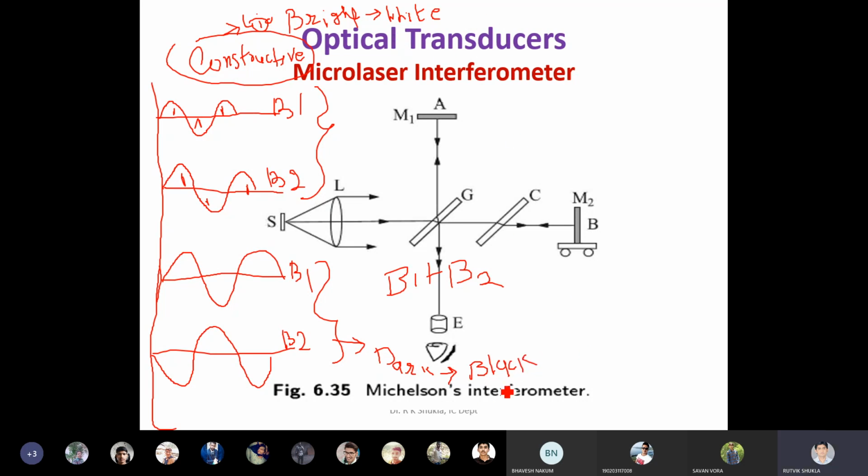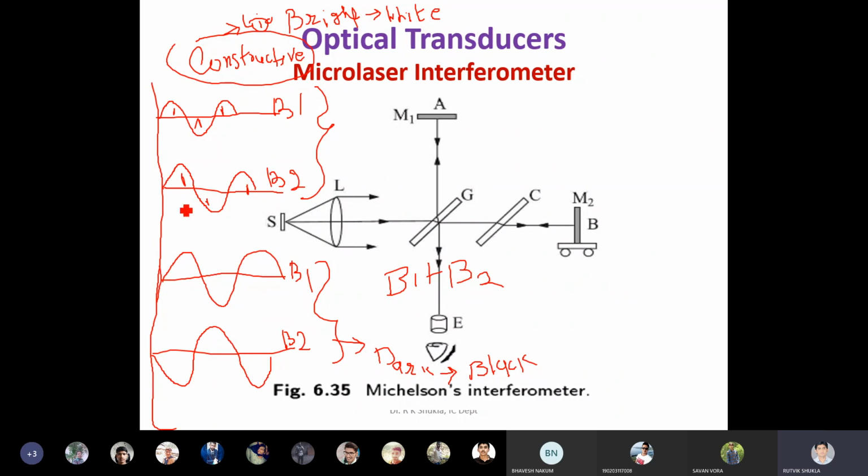Clear? White and black. And if the phase between the two beams is in between this constructive and destructive nature, then it will create a shade of black. Suppose it is neither completely constructive nor completely destructive, then what happens? It is somewhere in between black and white.